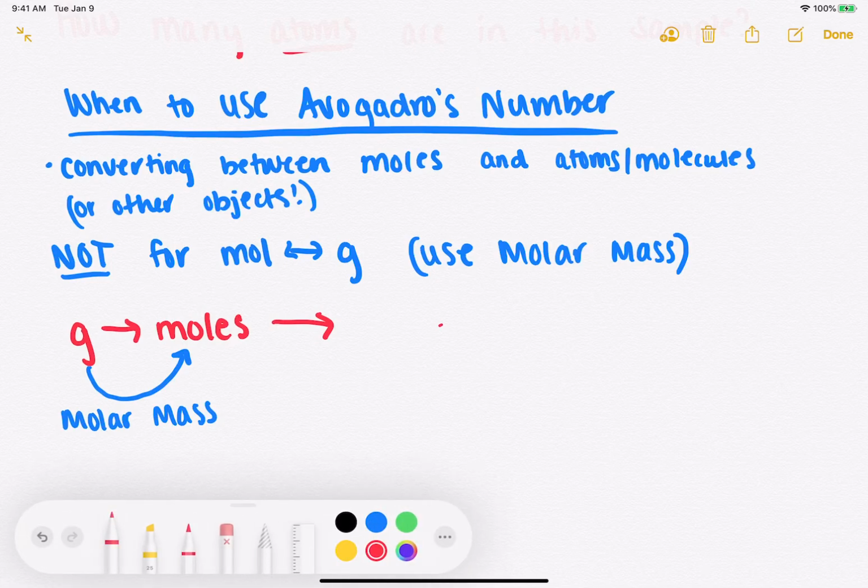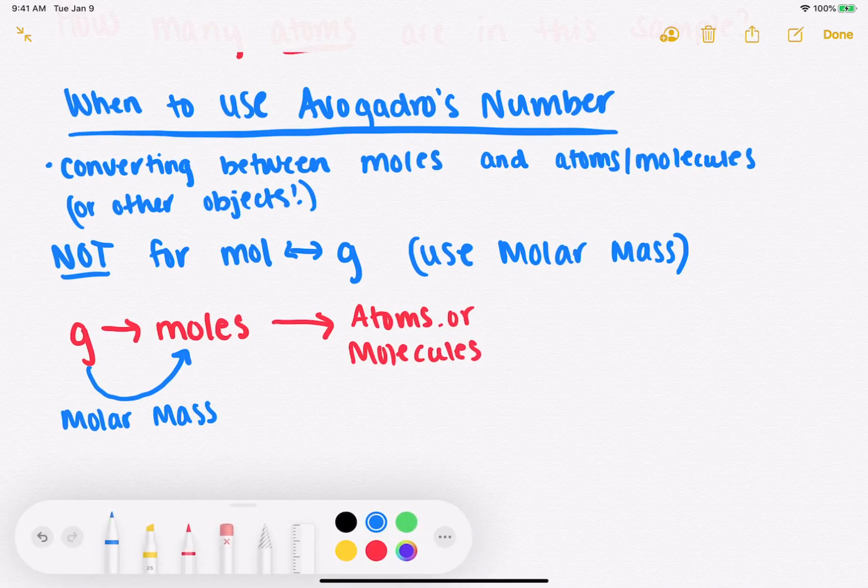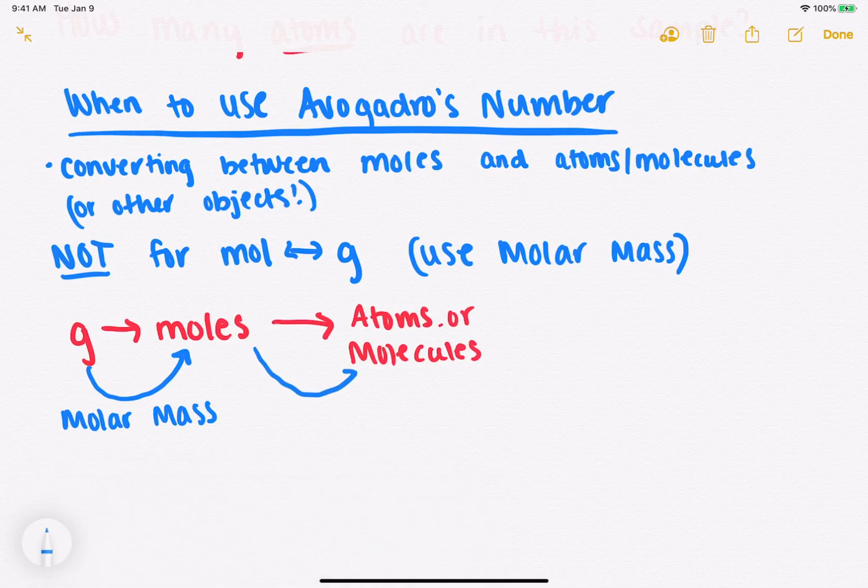And then if we want to convert between moles and atoms or molecules, that's when we can use Avogadro's number. So that's when we're going to use 6.022 times 10 to the 23rd atoms over 1 mole.